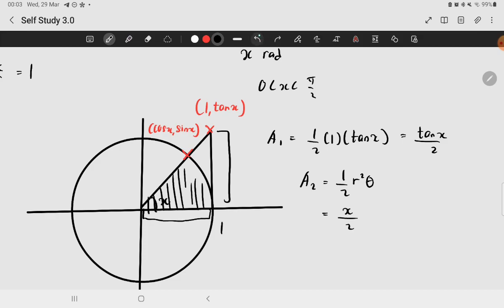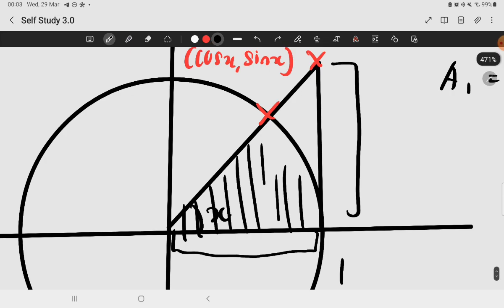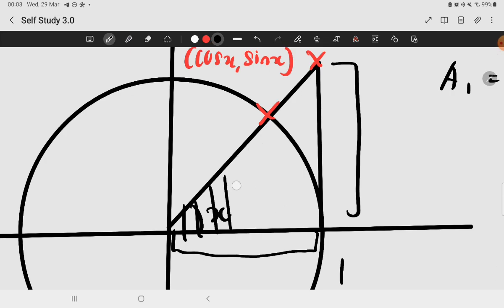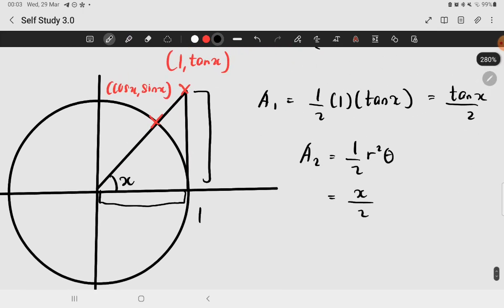My gosh, no. Let me rub this part off. Okay. And then our final area that we need to have is a bit tricky, but let me draw here.